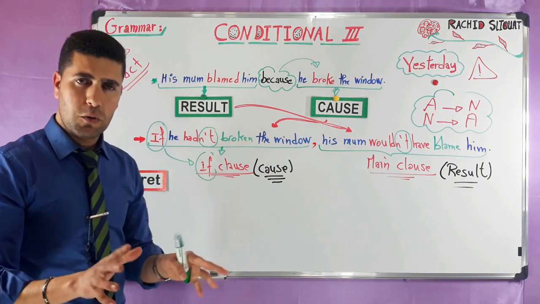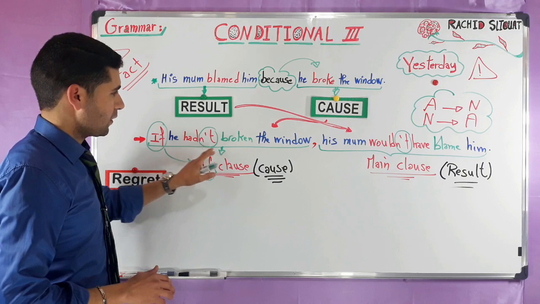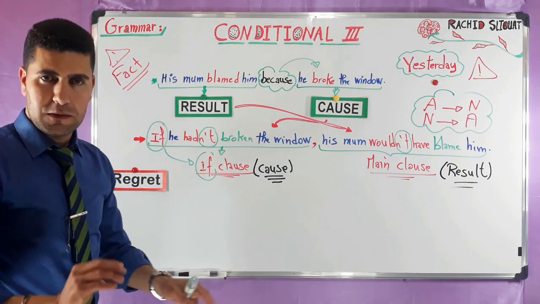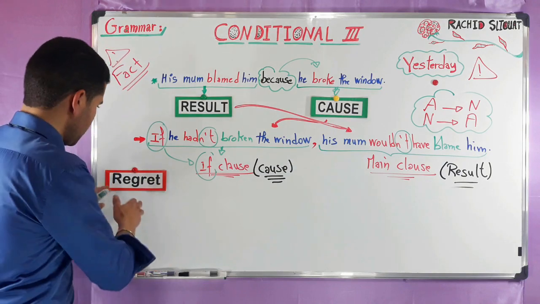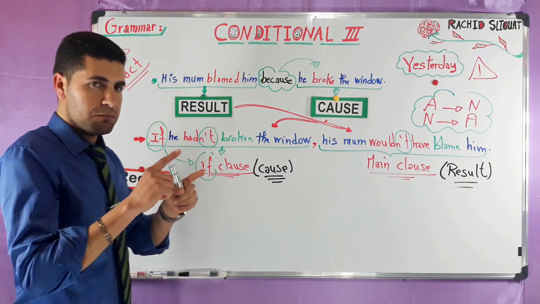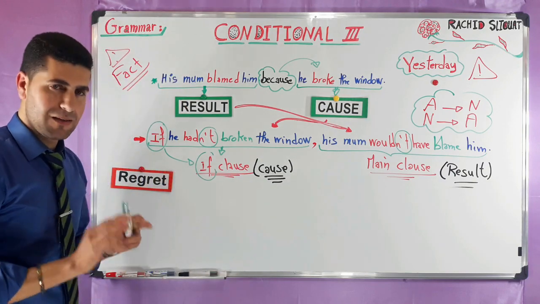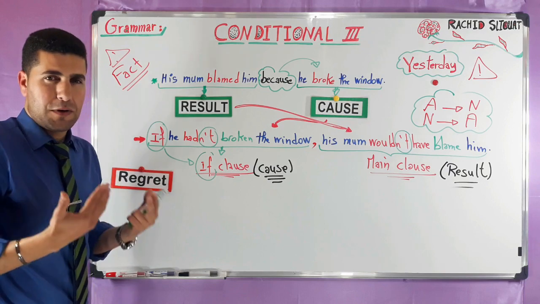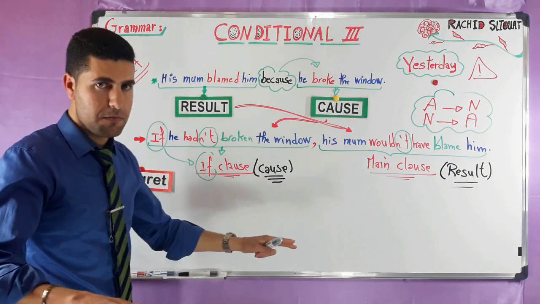Now the question: why do we use the conditional? What is the function of conditional 3? It's very easy: when we want to express regret. If he hadn't broken the window, his mother wouldn't have blamed him. But this is just a regret based on a past fact that cannot be changed.